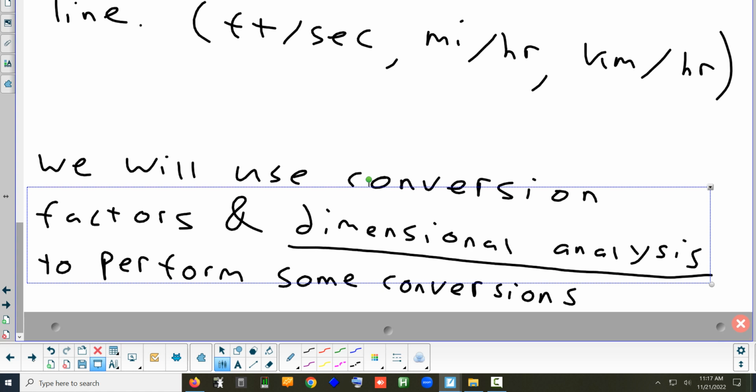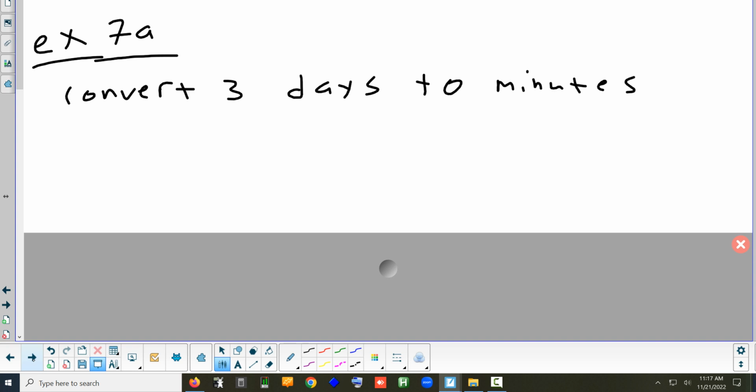So we're going to start out with a very straightforward one. This number is not even a rate. This is dimensional analysis, just an example. So we're not even doing a speed yet, just the time part of speed. So, 3 days.